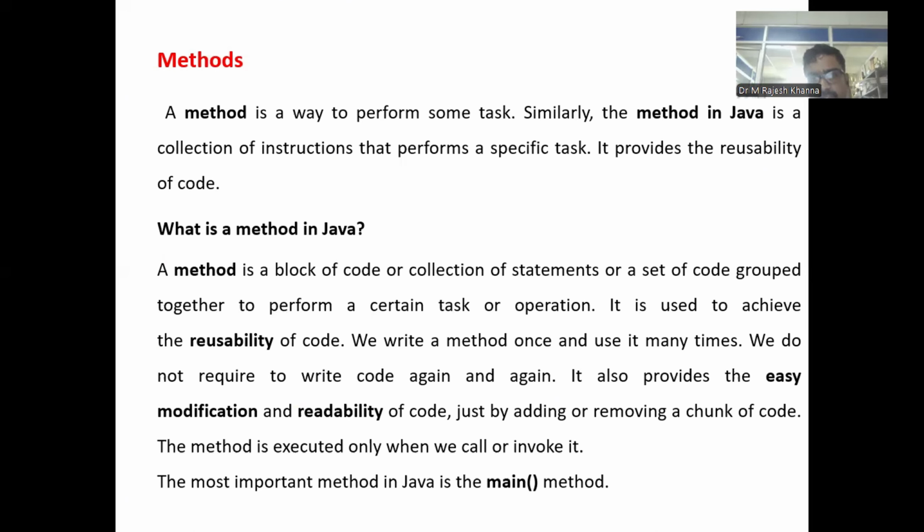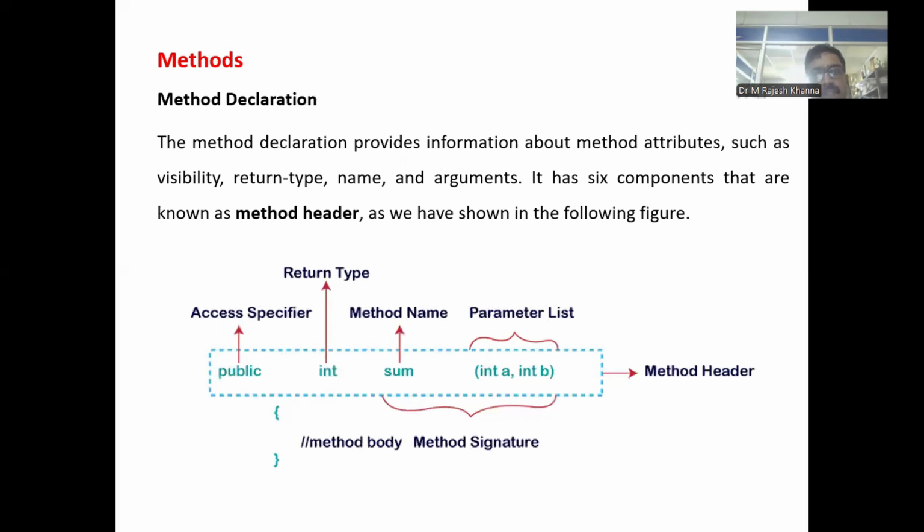A method holds a collection of instructions for specific tasks. Whenever you call that particular method, it will do the operation for the block you have given. So this is a method declaration. First, the keyword public is an access specifier, followed by the data type, here int, followed by the method name sum, followed by the parameter list.